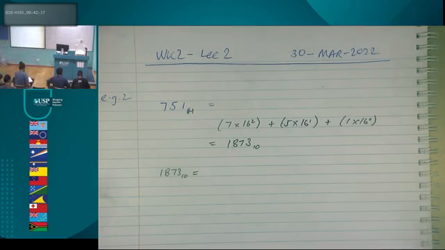You should attempt the tutorial problems. With 1873 base 10, you divide by 2, take the remainder.